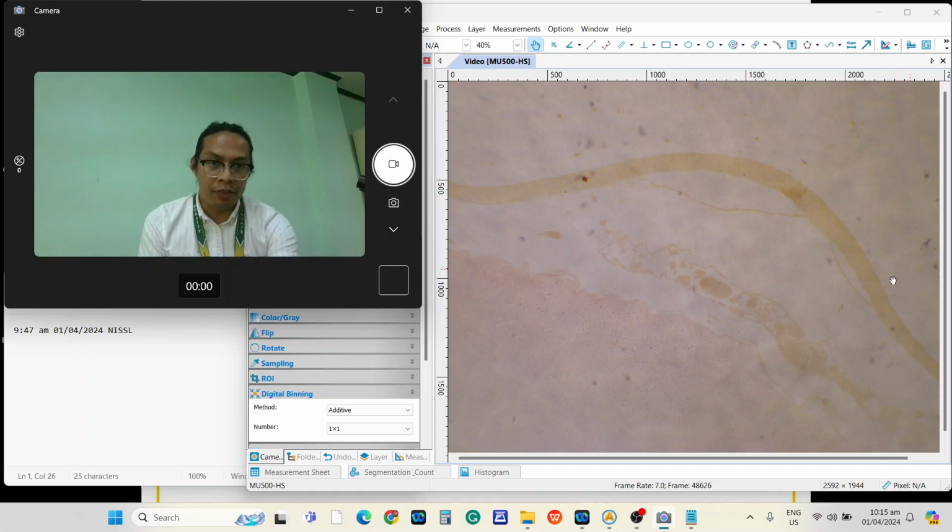Okay, so yung space na yan, that is the arachnoid. Okay, bakit siya tinawag na arachnoid? Kasi mukha siyang spider web. Okay, so yung lattice na yan, yung connective tissue na yan, that is known as the arachnoid.